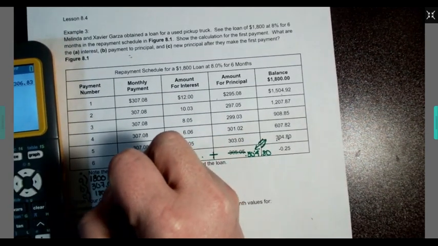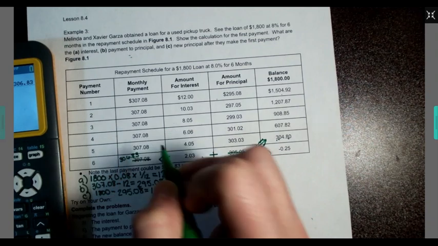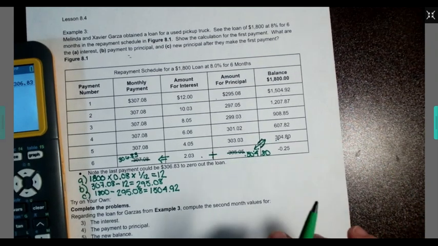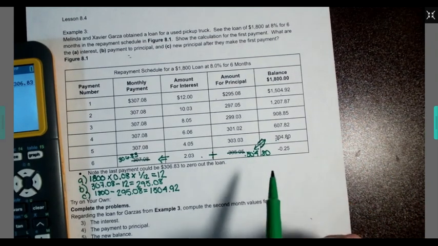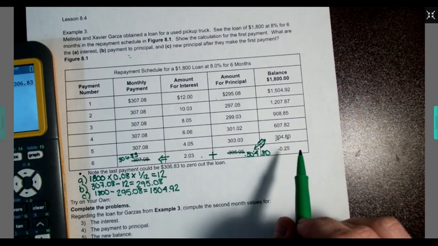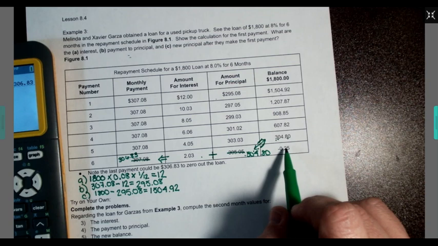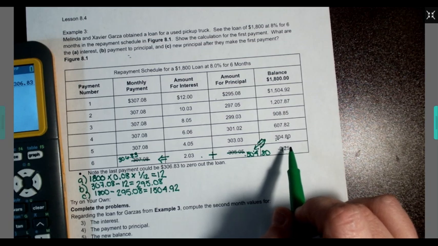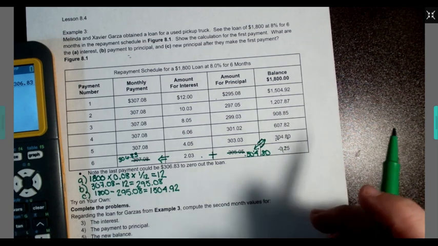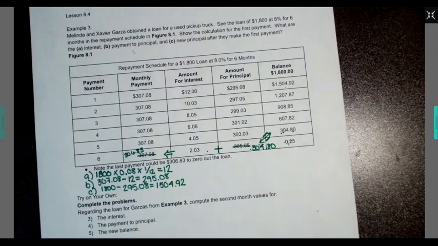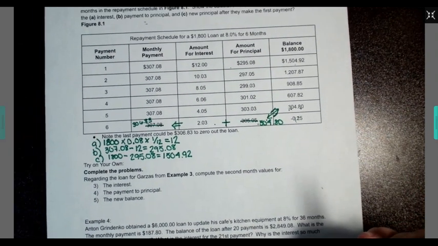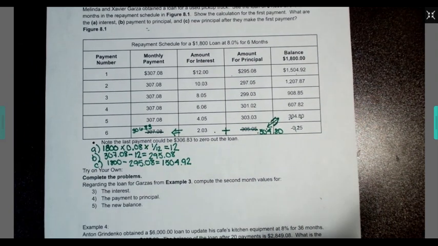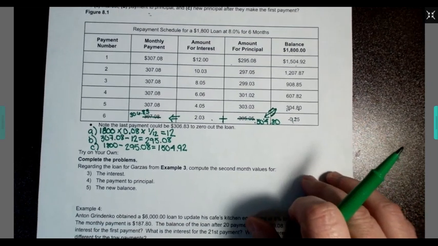That is how they got that we could have paid 306.83 here, because basically they paid 25 cents too much. Now, you will see one later in your worksheet for today where you won't pay enough. So you need to make sure you balance this out to zero, because you have to pay the loan off in so many months. That's how an installment loan works. So you might have to pay a little bit more than the minimum monthly payment in order to get to that zero balance.